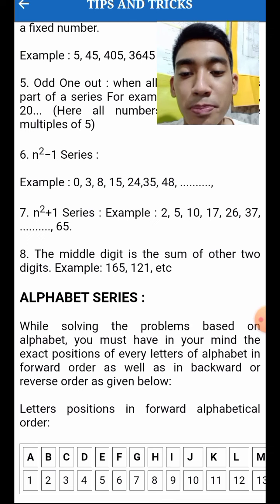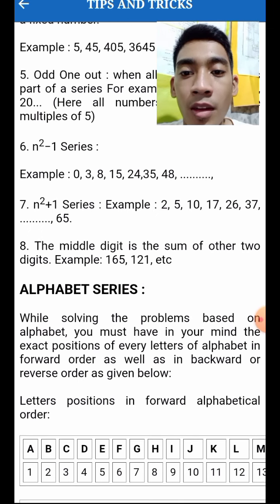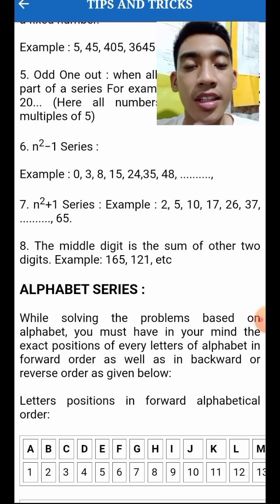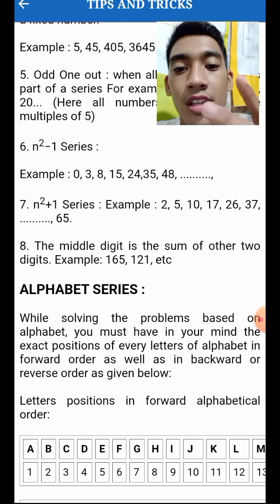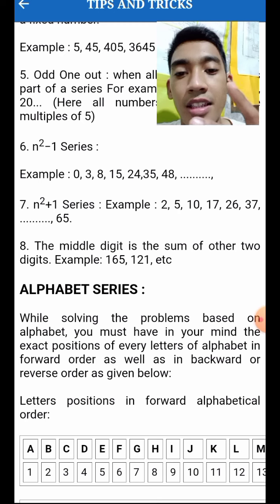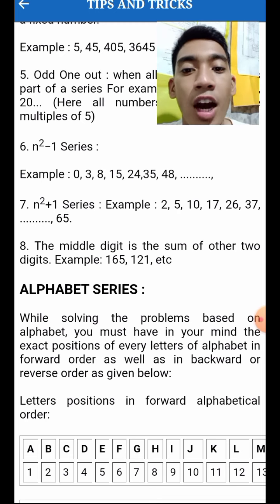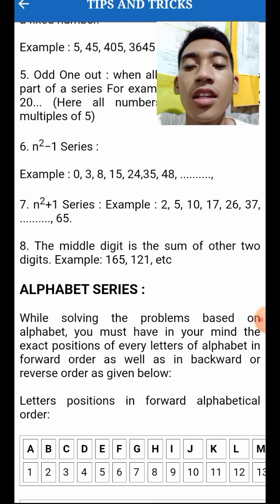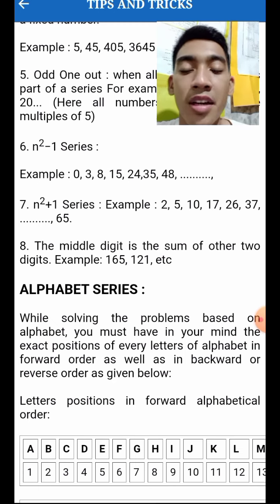For example, let's start with 3. 3 squared means multiply 3 twice. So 3 times 3 is 9. Minus 1, it's 8.